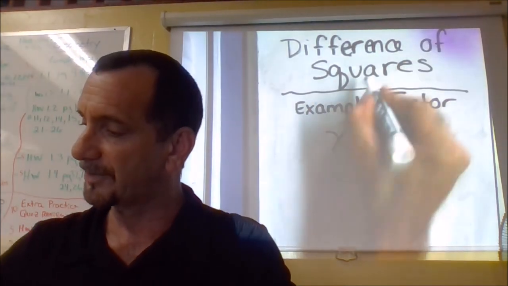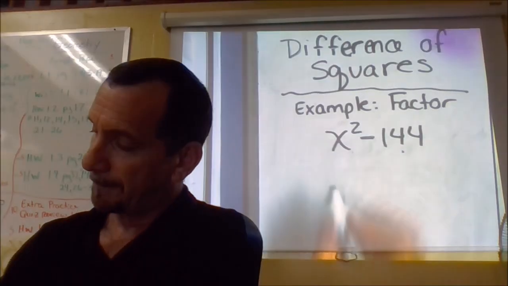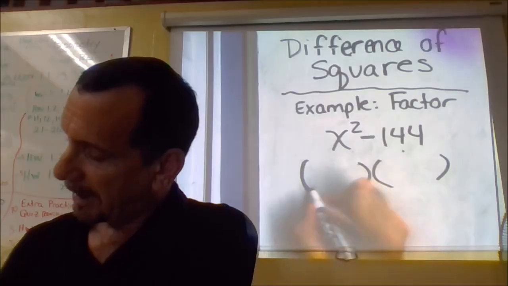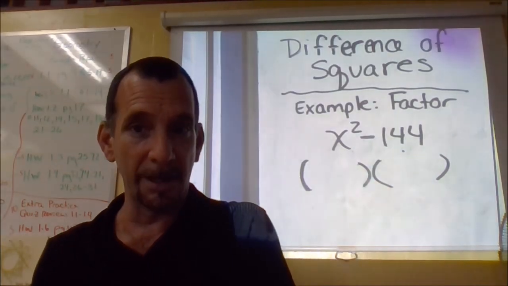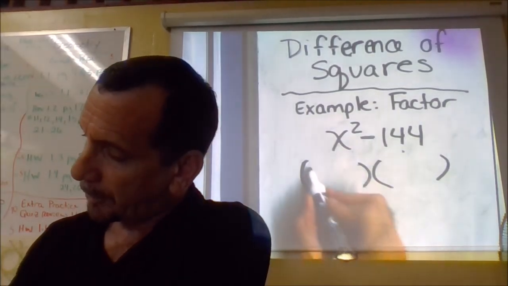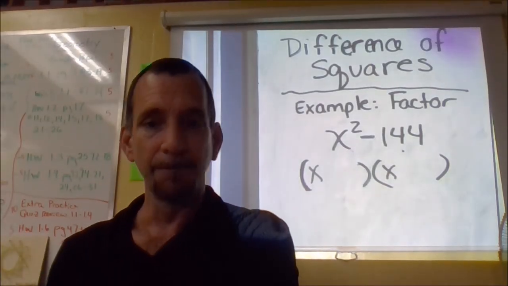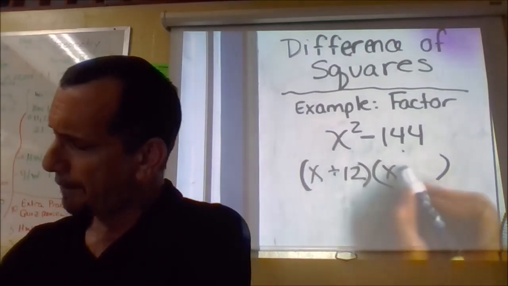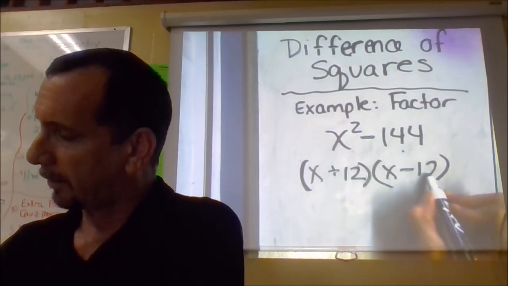That's the difference of squares. So we can take this easy step, and it's just a pattern and a rule, and I'll show you why it works. When we put our x here and our x here, and we do a plus 12 and a minus 12.